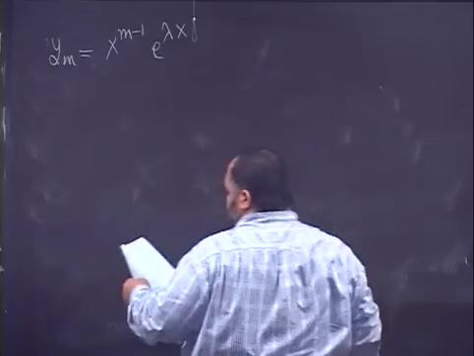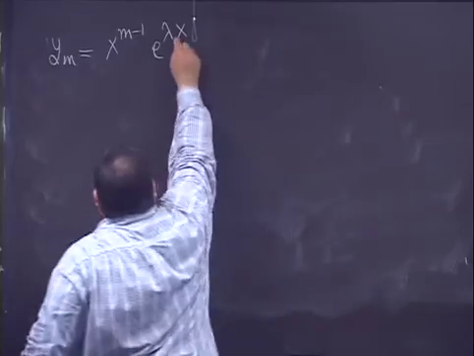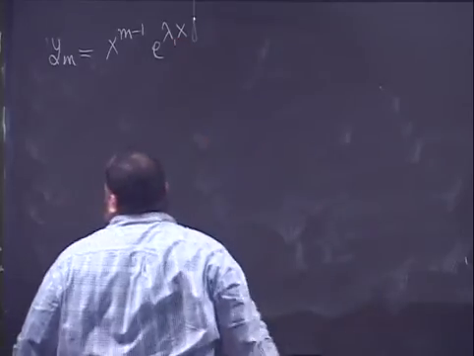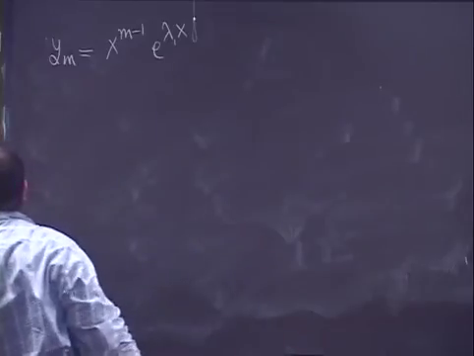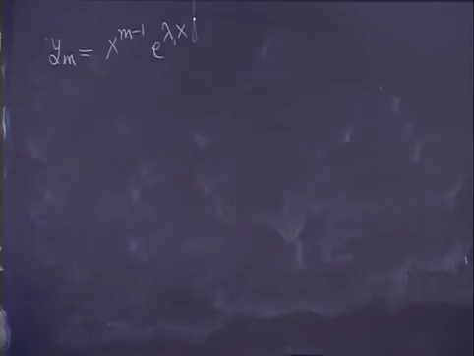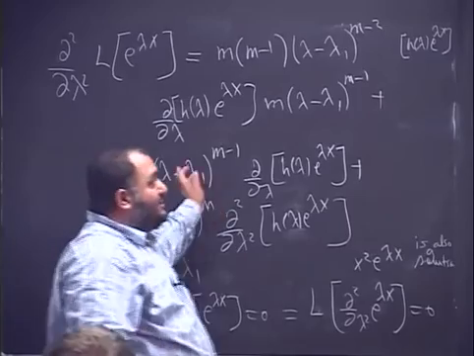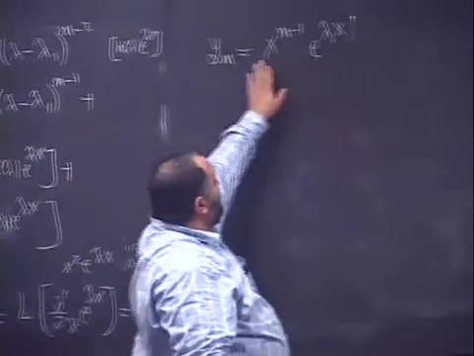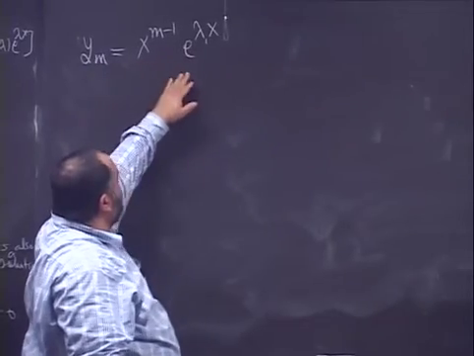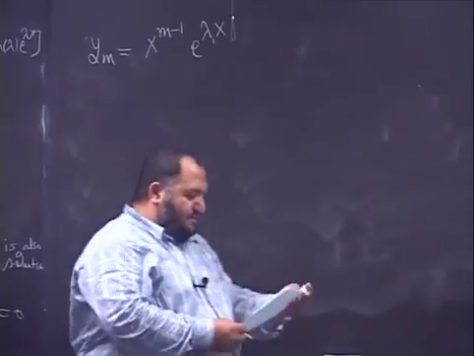And by the way, in all lambdas, we have to put lambda 1, because this is at lambda equal to lambda 1. So this will be x to the power of m minus 1 e to the power of lambda x.